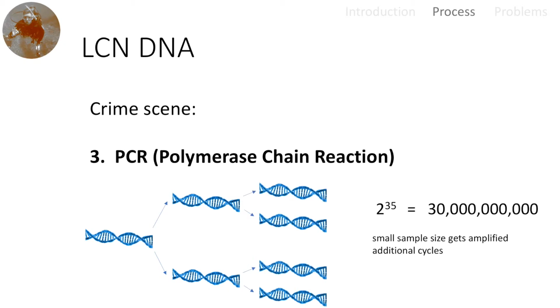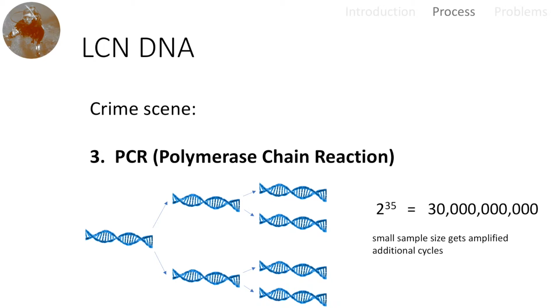So in this example here we have just 2 sets of DNA. But once 35 cycles have passed in this PCR machine, you can see from the number what kind of huge amount of DNA we got. So long story short, with PCR we make a huge amount of DNA from just a small sample size.